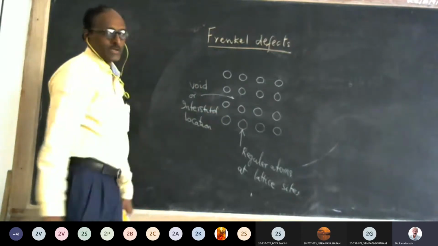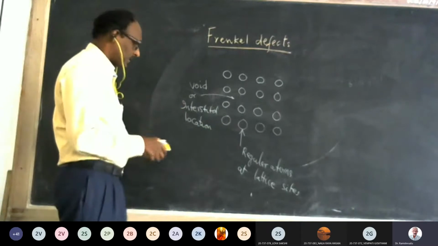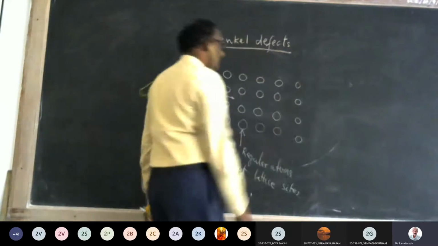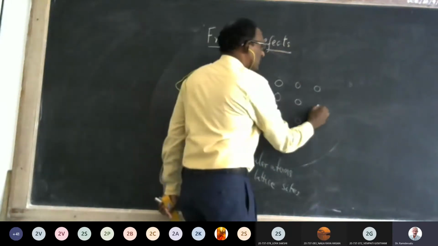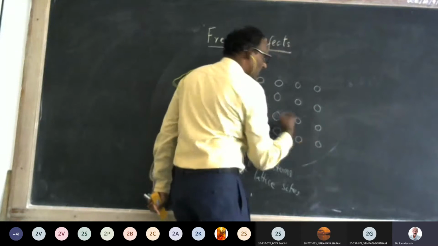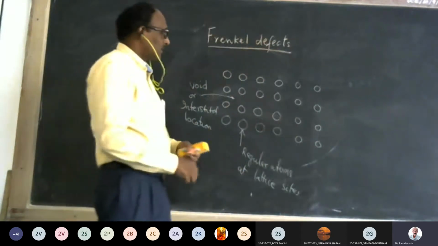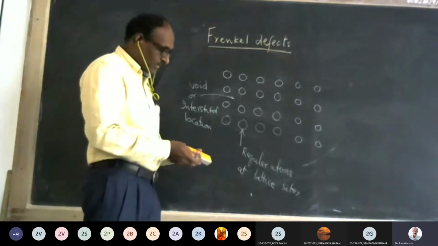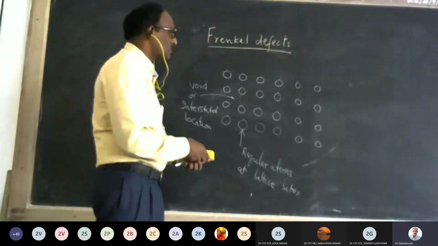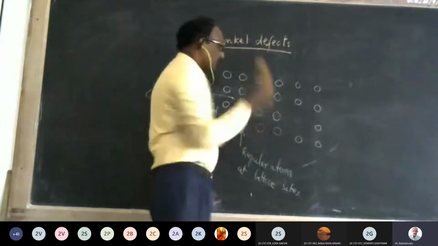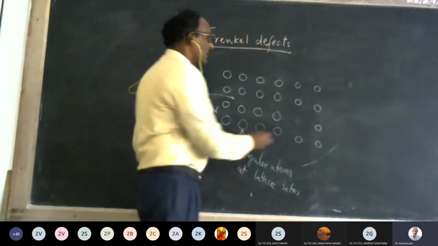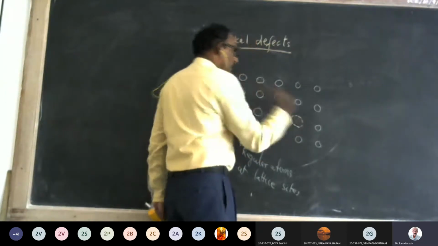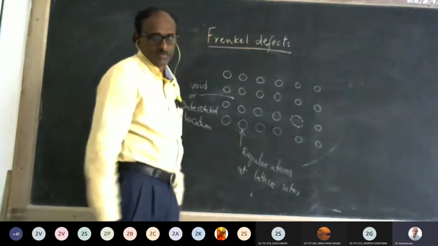Now, the Frankel defect is an interstitial one, meaning that during crystallization or maybe during heat treatment or due to thermal energy, some of the atoms, suppose this atom I am taking, this atom has missed from its regular site. This is the regular site. The atom or ion has missed.